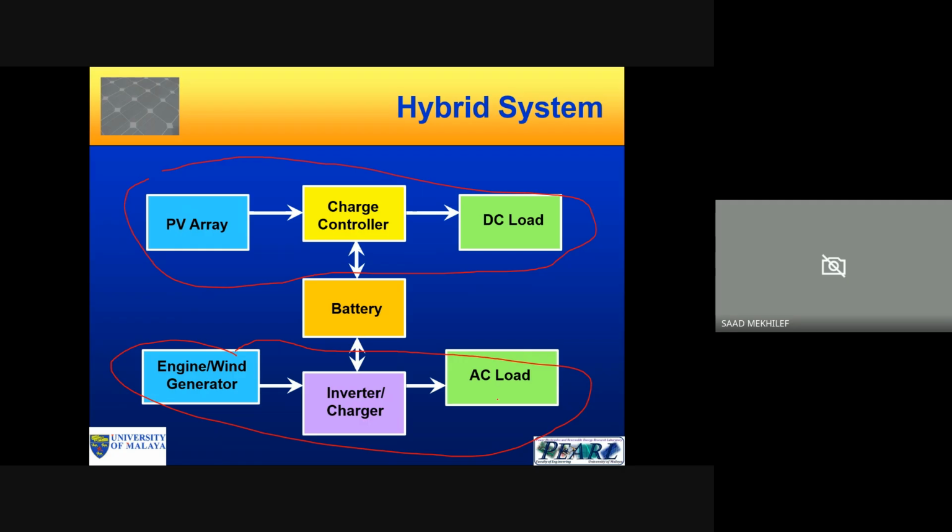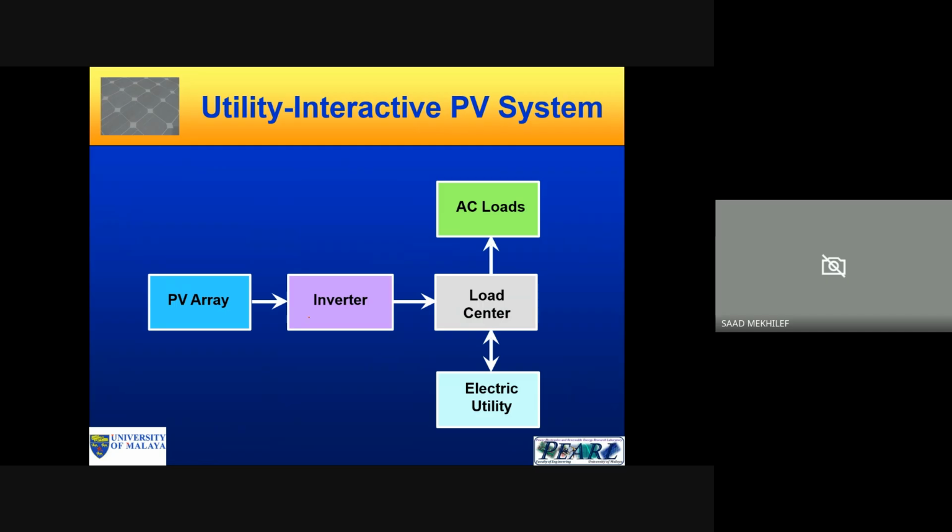Also, we have grid-connected systems, where we have a PV and then an inverter, we have AC loads, and then we have the electric utility or electric grid. You can see here we do not need storage. Why? Because we have the grid.